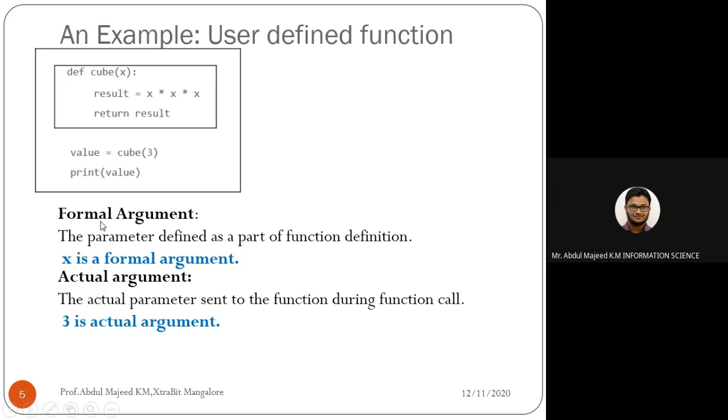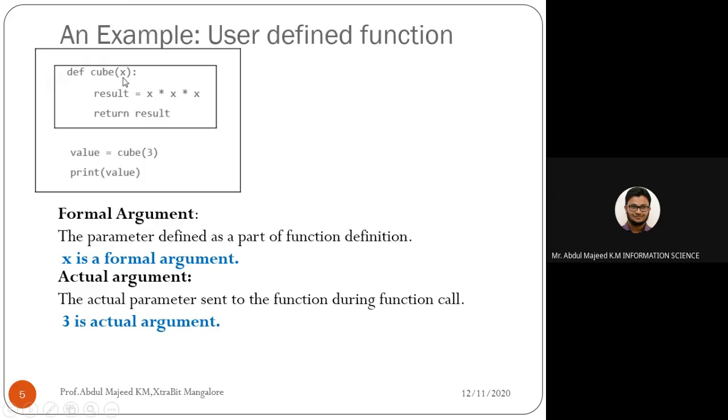Now we have two terms. First is formal argument, second is actual argument. The argument which is used in a function call is known as the actual argument. Here cube of 3 is a function call, so 3 is the actual argument. Similarly, the argument which is used in the function definition is known as the formal argument.